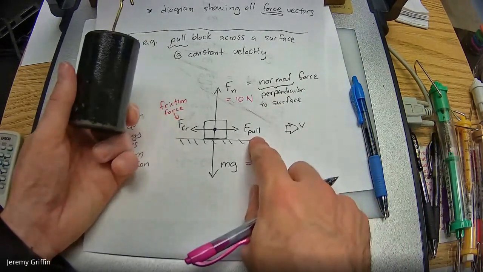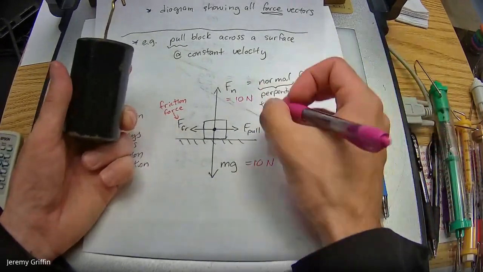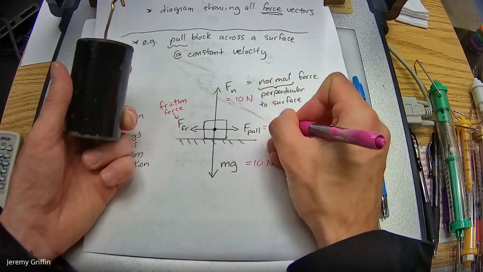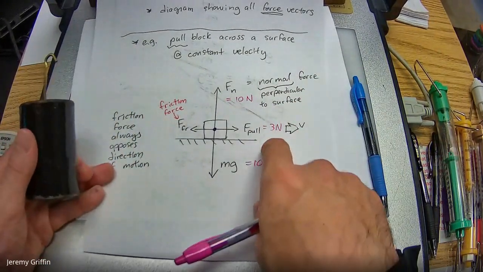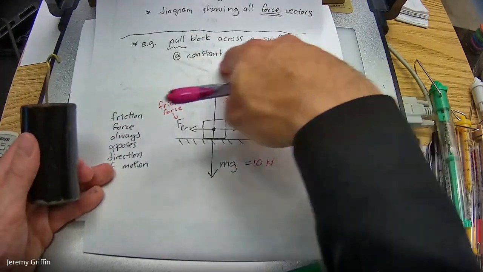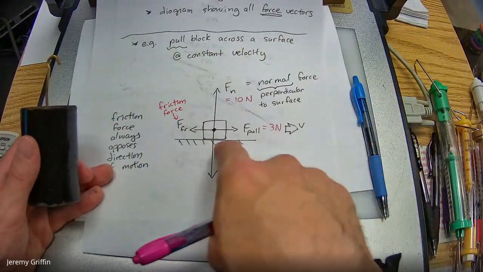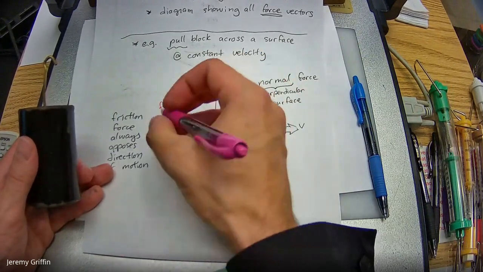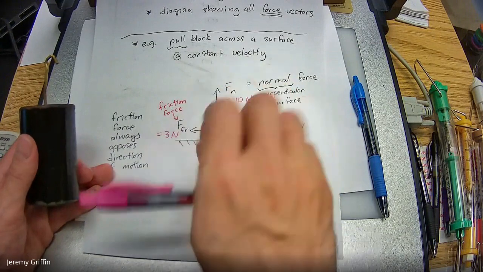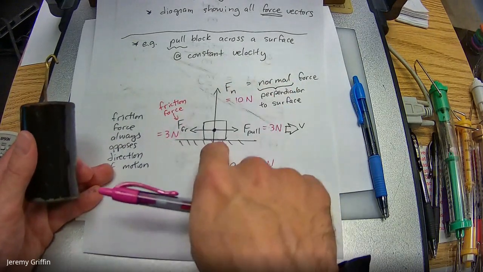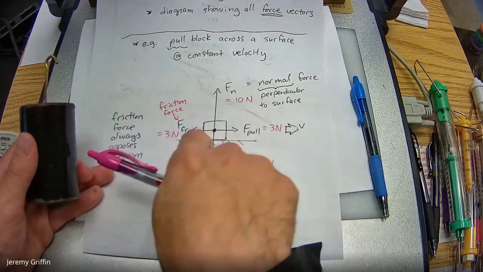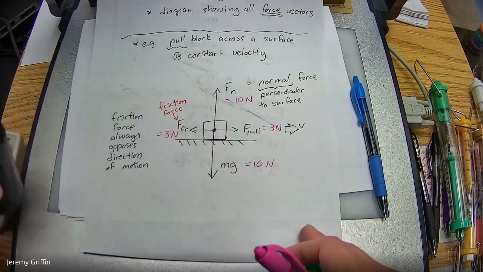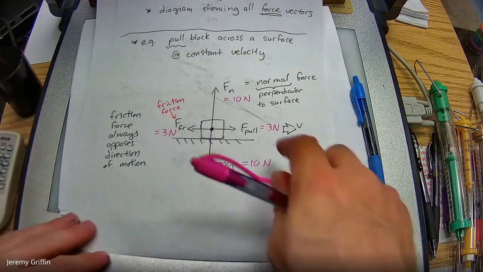And let's say that I was pulling with, just make up a number, 3 newtons. Well, one more thing you would know is, remember in the premise I told you constant velocity? If that's also true, then wouldn't the friction force also have to build up to 3 newtons to balance it out? Okay. So everything's balanced out, right? 10 down, 10 up, 3 to the right, 3 to the left. This block would be in equilibrium, which doesn't necessarily mean that it's at rest. In this case, it isn't. It's actually moving, just moving with constant velocity.